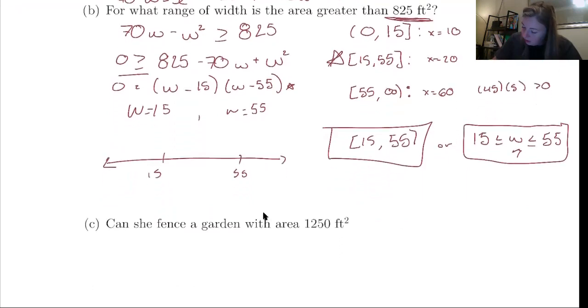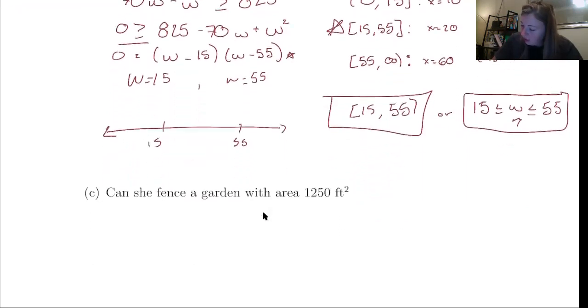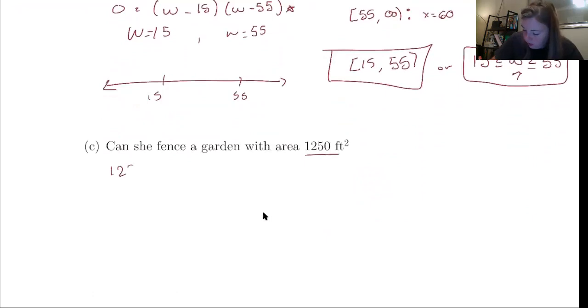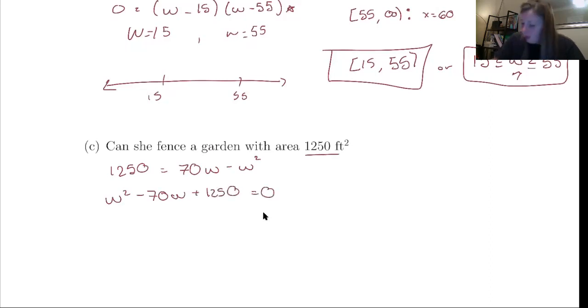So can she fence a garden with the area of 1250? All right, so 1250 is going to equal 70W minus W squared. We can call that W squared minus 70W plus 1250 equals 0.